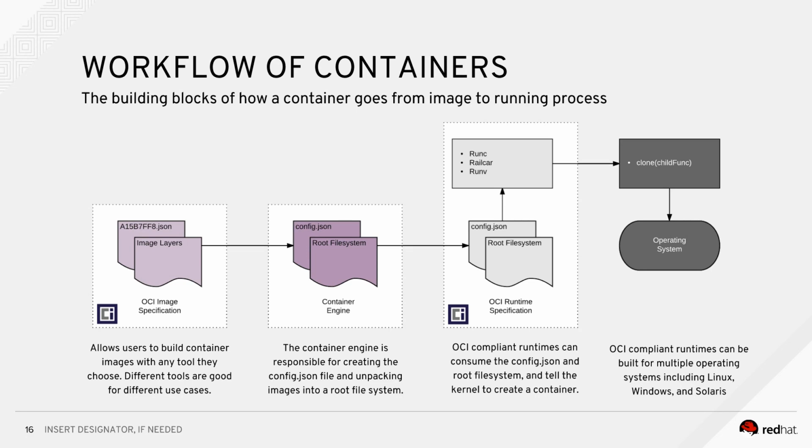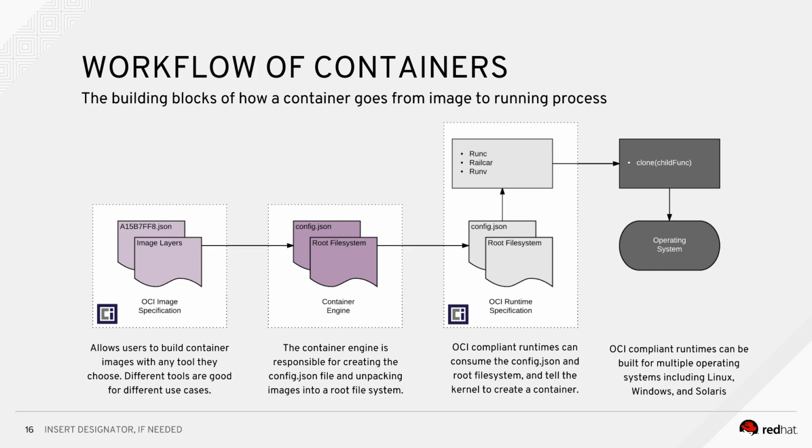The container engine's job is then to take that standard set of data and that image manifest and generate a config.json itself, which is a very standard formatted file that is part of the OCI runtime specification. Its job is also to expand those image layers into a root file system. And a root file system is really nothing more than a directory structure that looks very similar to Unix root.